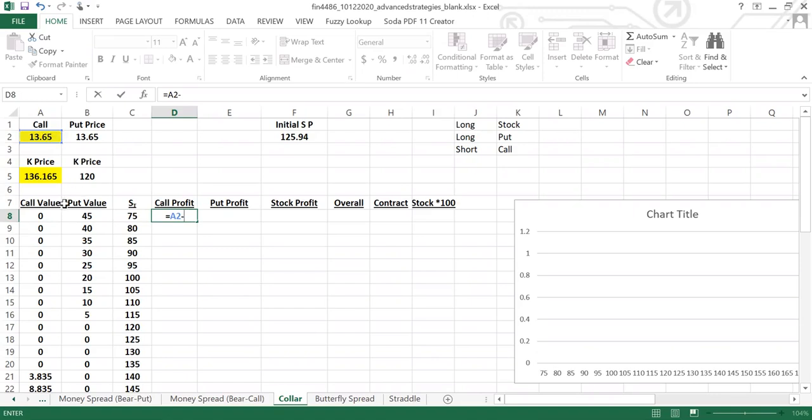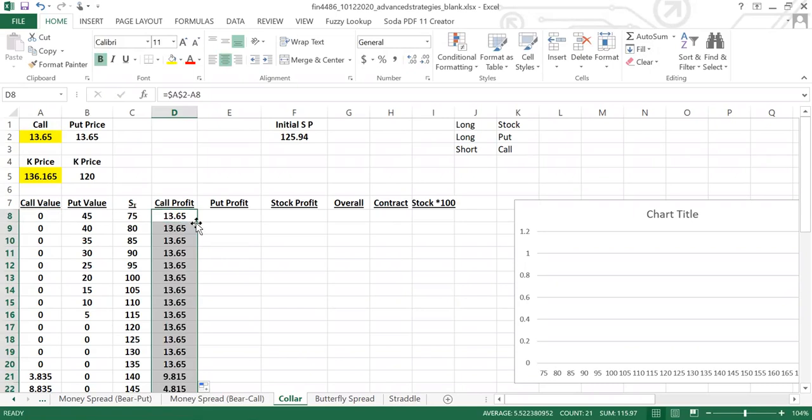So we have already calculated the intrinsic value. Before we do this, let's lock this, and then we will subtract the value of the call option. And then that's it. You can see that when the stock price is low, you're gaining that premium that you're collecting from writing the call option.